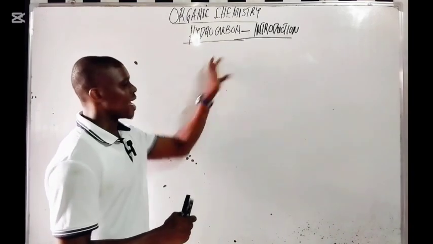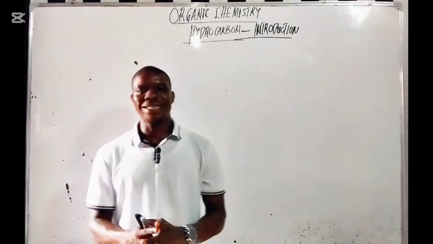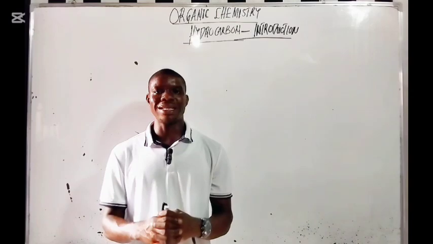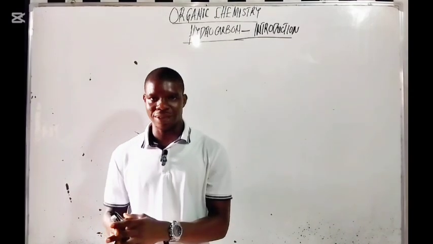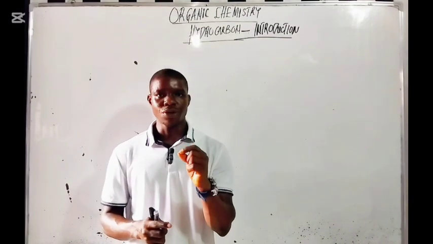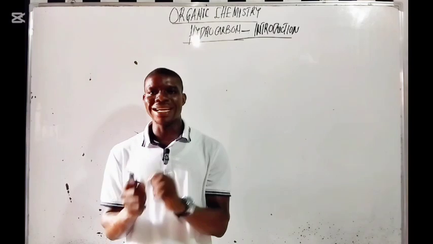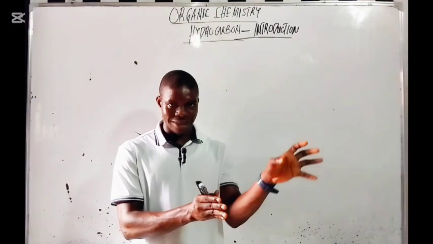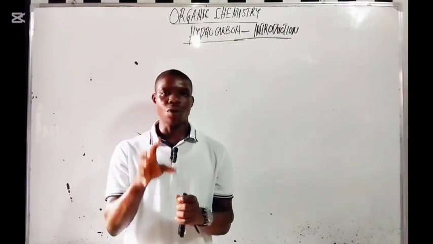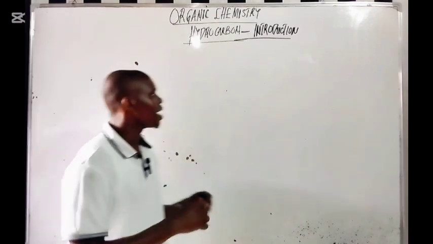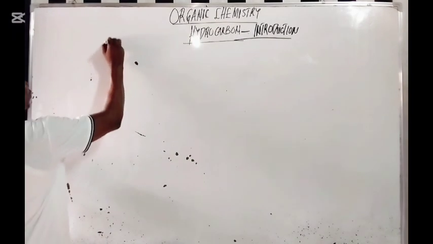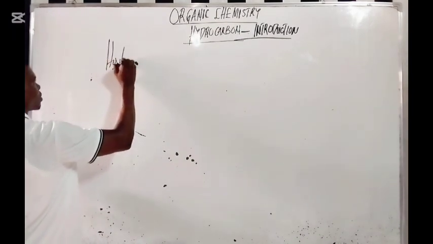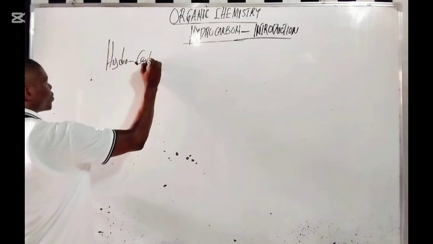So first of all, what is hydrocarbon? Hydrocarbons are organic compounds that contain carbon and hydrogen only. So those organic compounds that contain carbon and hydrogen only are called hydrocarbons. Look at the word hydrocarbon.